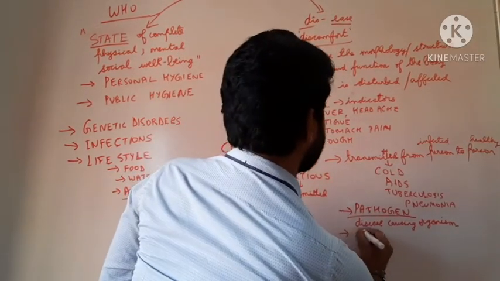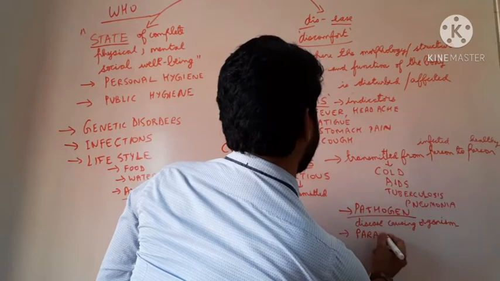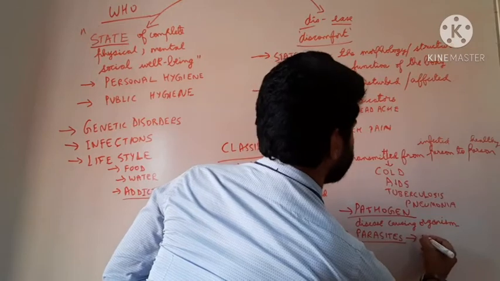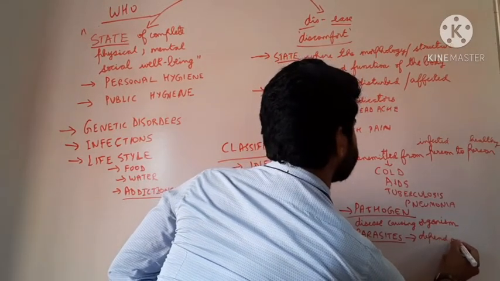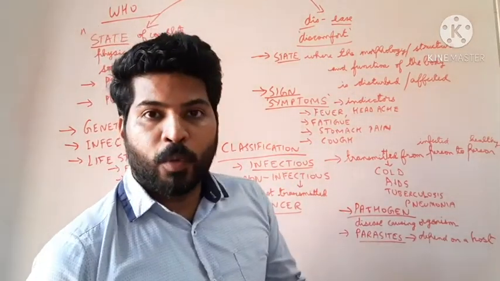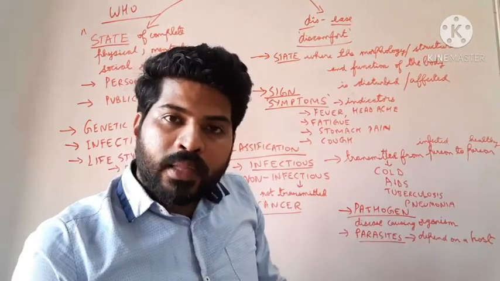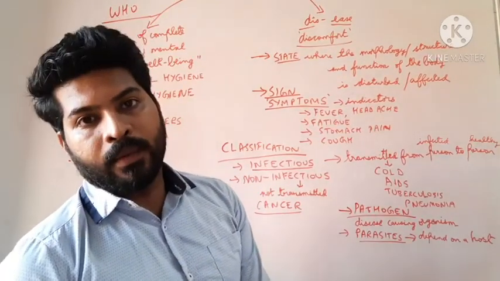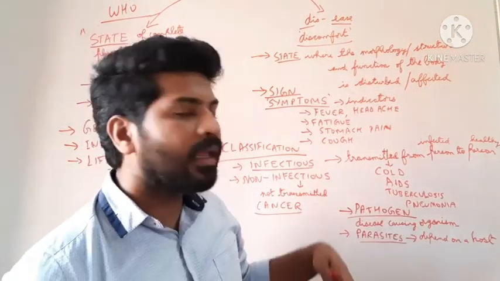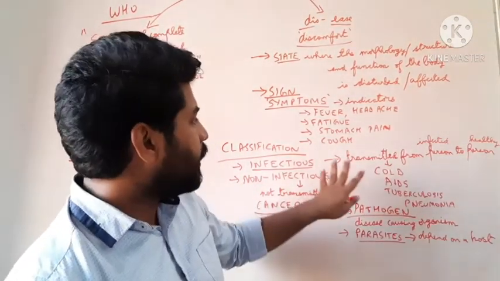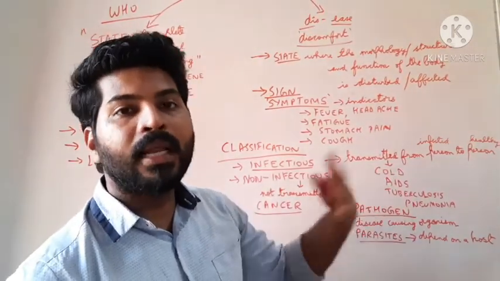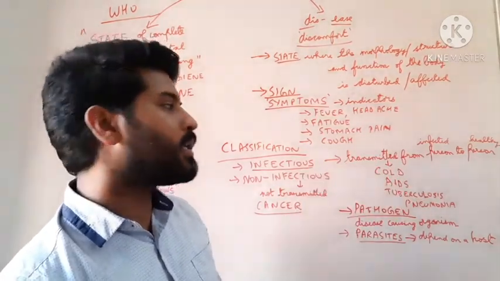And you know, most pathogens are parasites. These pathogens always depend on a host. So these parasites could be present on the body or they could be present inside our body, hence always causing damage to the host, resulting in the disease. So infectious diseases are caused by pathogens which bring about the disease condition.